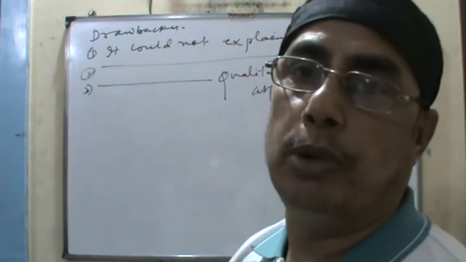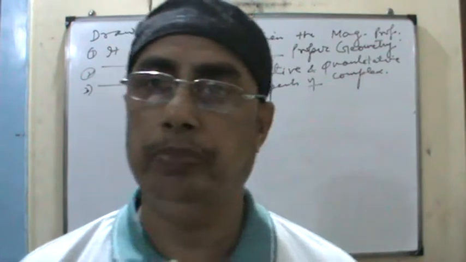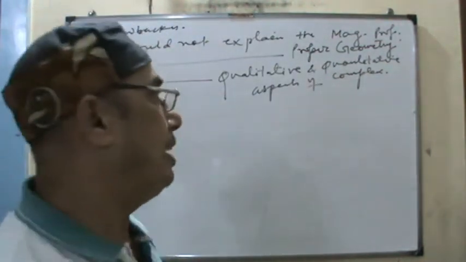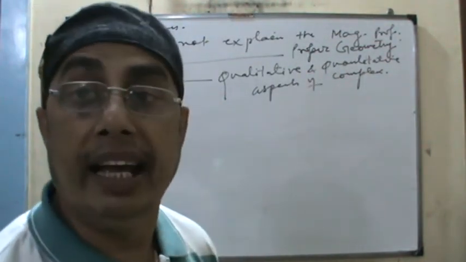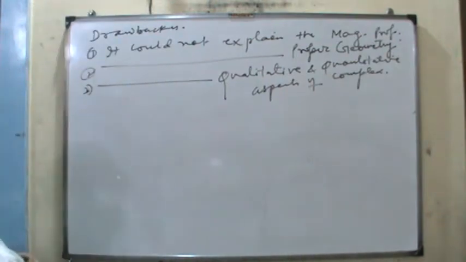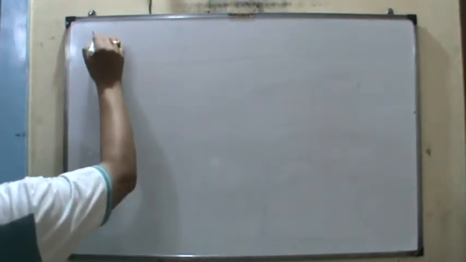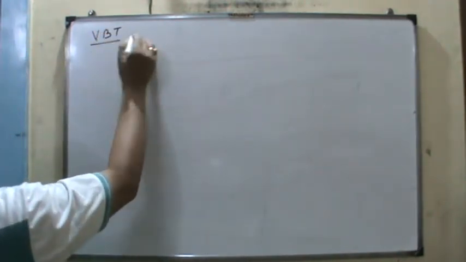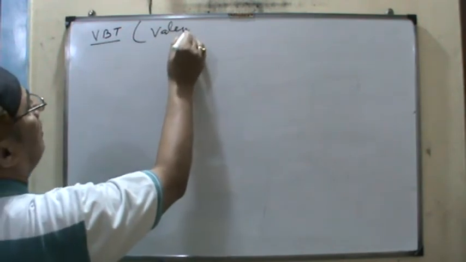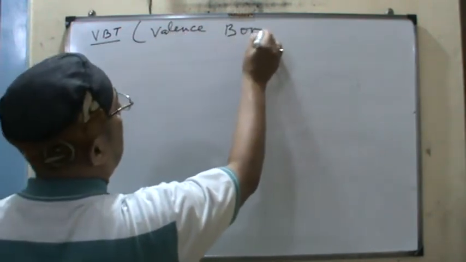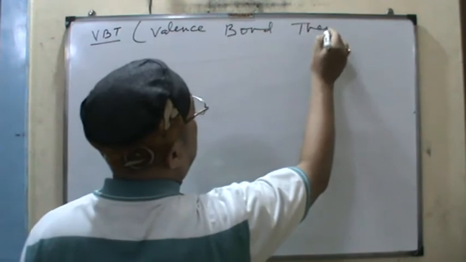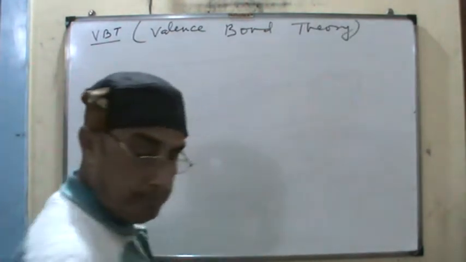Now what is valence bond theory? Important postulates of the VBT will explain how to form hybridization. So the next part is the VBT, the valence bond theory.